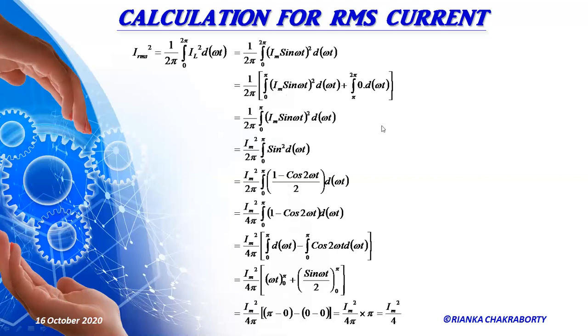So we can say IRMS equal to Im by 2. In the same way, we can calculate the VRMS also, that is equal to Vm by 2. To calculate VRMS, we have to write in this portion Vm sin omega t only, and the rest are the same.